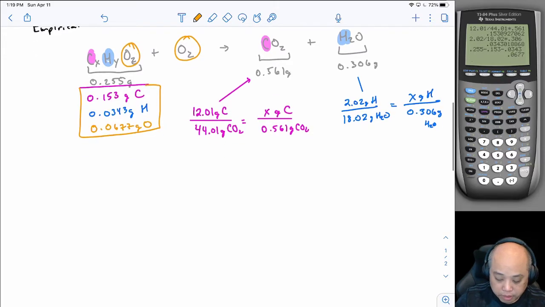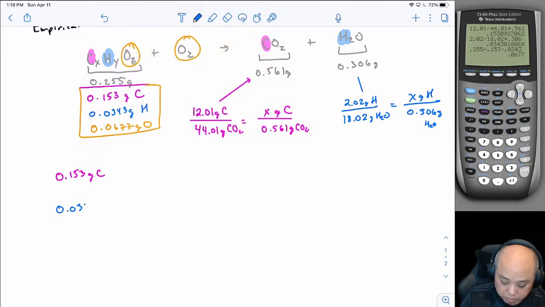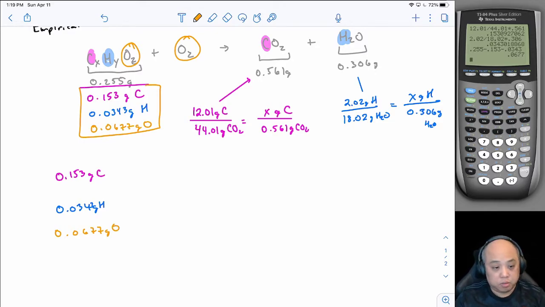Okay. That's the hard part about combustion with empirical formula, because once you get to that part, the empirical formula aspect of it is identical to what you learned in topic 1 before. And so the goal here is to take each mass of your element and then convert it to the moles of each element, because you want to find the ratio between the moles.